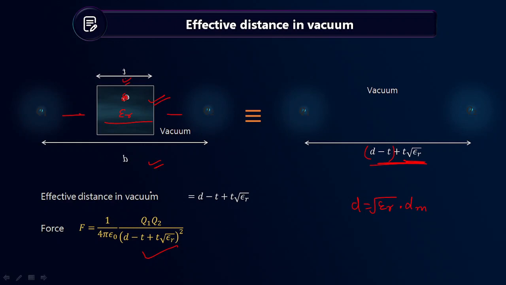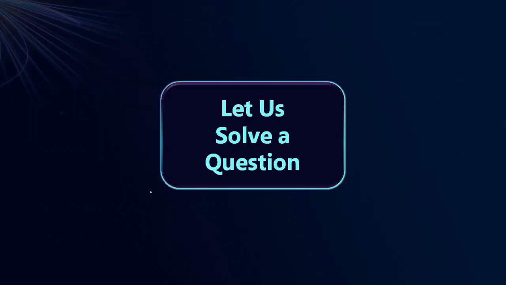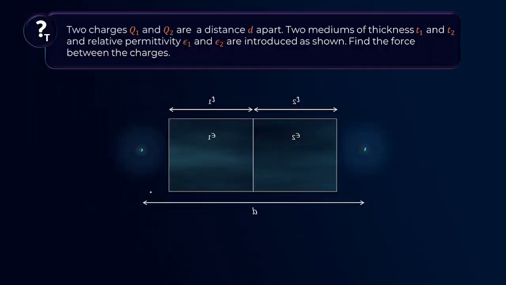Let us solve one question, then it will be clear to all of you. The question says that two charges Q1 and Q2 are a distance d apart, and two mediums of thickness T1 and T2 with relative permittivity epsilon 1 and epsilon 2 are introduced as shown.